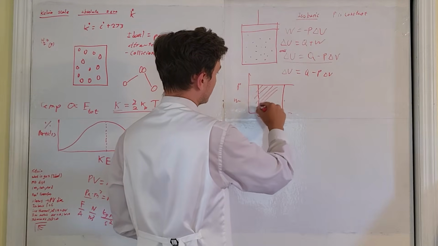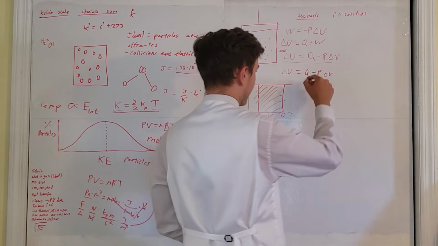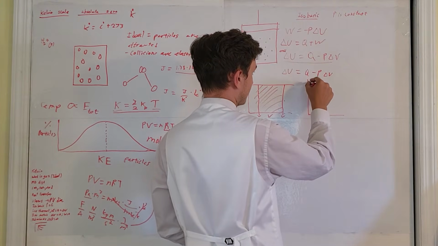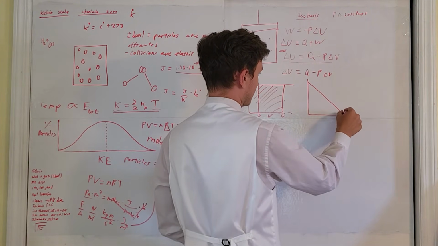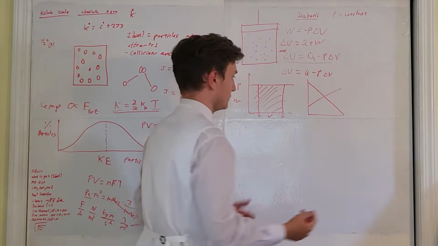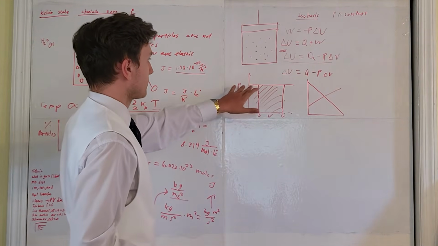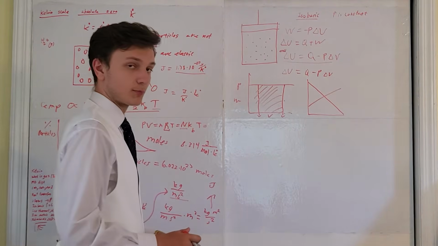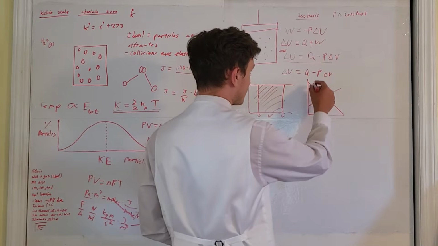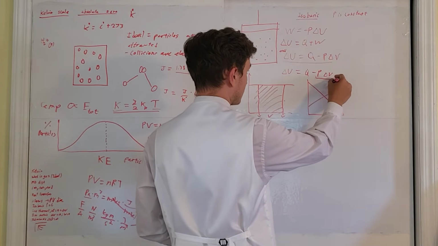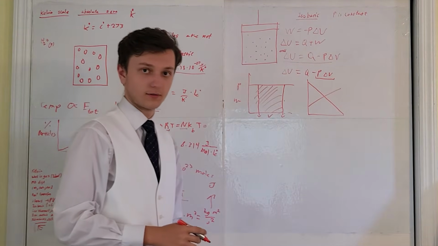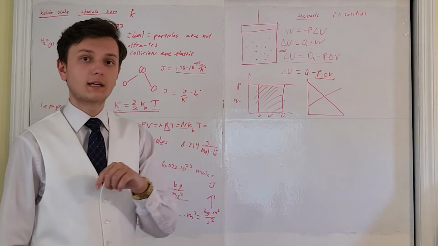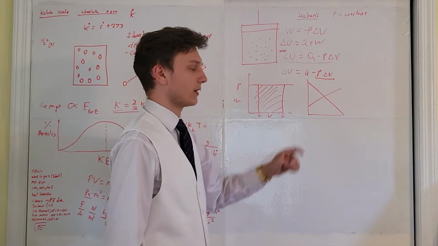The work done on the system would be this area under the curve. Whereas if my pressure were not constant, pressure might vary with respect to volume like this, or like that, or you get the idea. In this case, pressure is a flat line. But in this special case where pressure is constant, the work done can be calculated using this equation. When pressure is non-constant, the work done can only be calculated using the area under the curve.